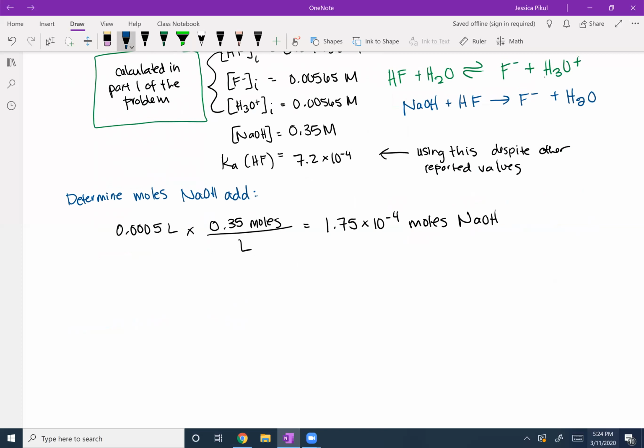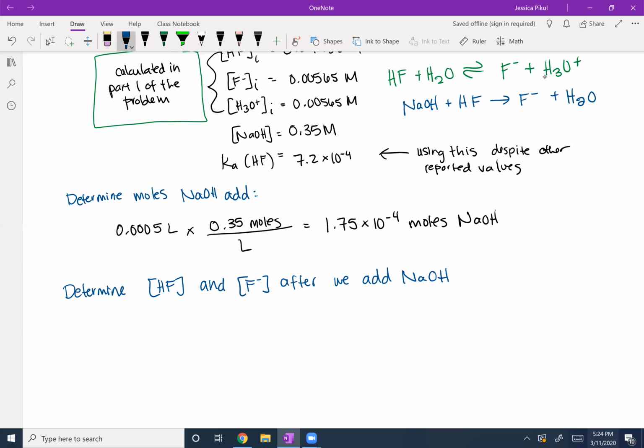So the next step of this problem is to determine the concentration of hydrofluoric acid and fluoride after we add the NaOH. For this, I'm going to do this at the same time and have these going side by side.